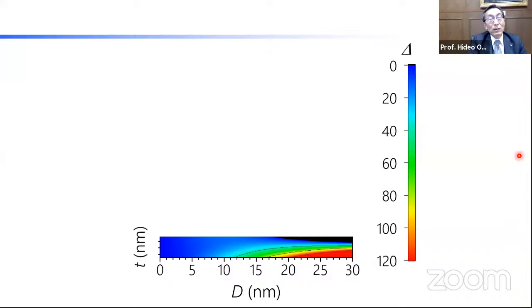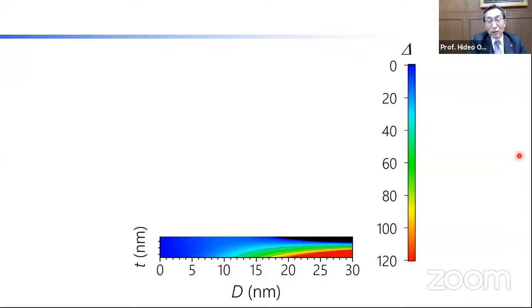So you have to keep the thickness thin enough in order to keep this delta high, in the red regime. And basically the experimental results that I have shown you in the previous slide are reproduced by the simulation. But there's a huge phase space that remains to be explored.